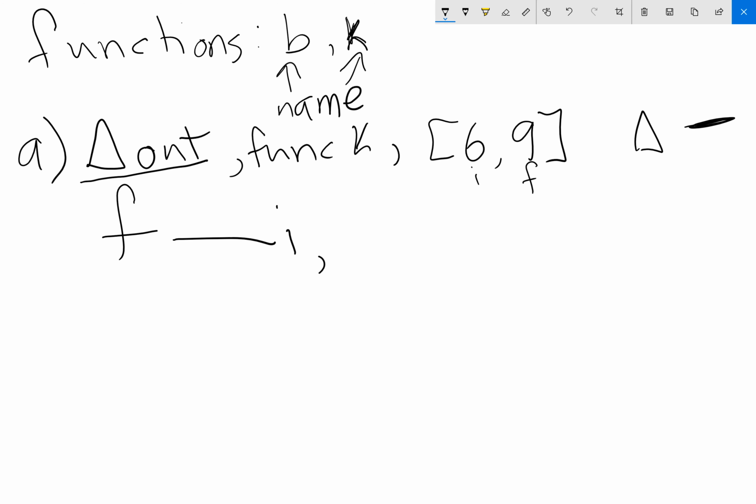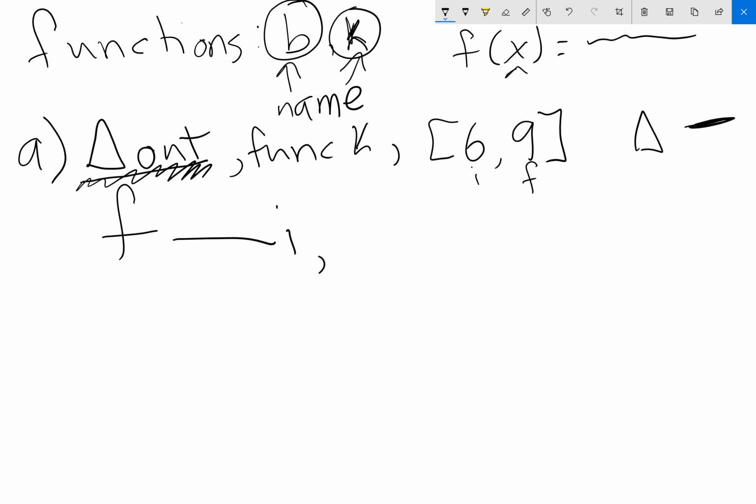Now, we want the final and initial output. So that means that we're going to need to plug something in to one of these equations, right? So if we're looking at function f of x equals input, output, we're going to need to use these functions and input these values. Okay, so we're using the function k, right? Not b. So we're going to do k of 9.